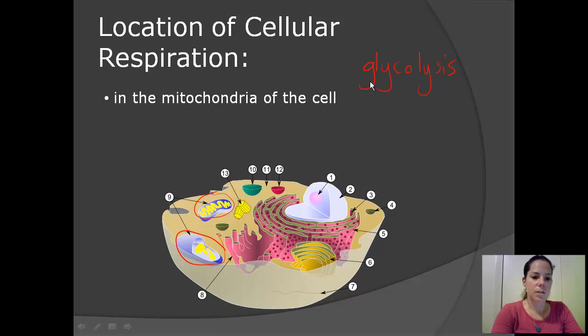So glycolysis occurs outside the mitochondria, then the reactants and products move into the mitochondria to complete the final 2 steps of the cellular respiration reaction. Those 2 steps are called the citric acid cycle, as well as the electron transport chain.